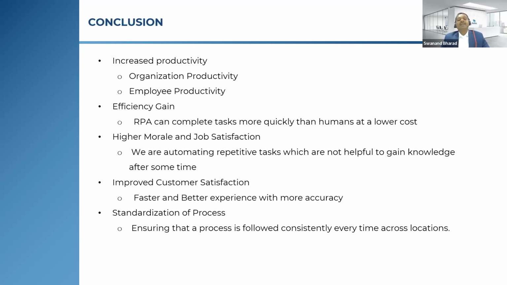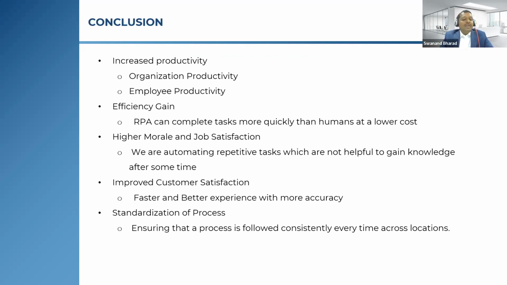When they start their work, initially there is learning, but after a few months or few years, they are not enjoying it. In that situation, we are giving them the opportunity to gain better knowledge and to do more productive work. That will help the employee or resource gain more morale and job satisfaction.